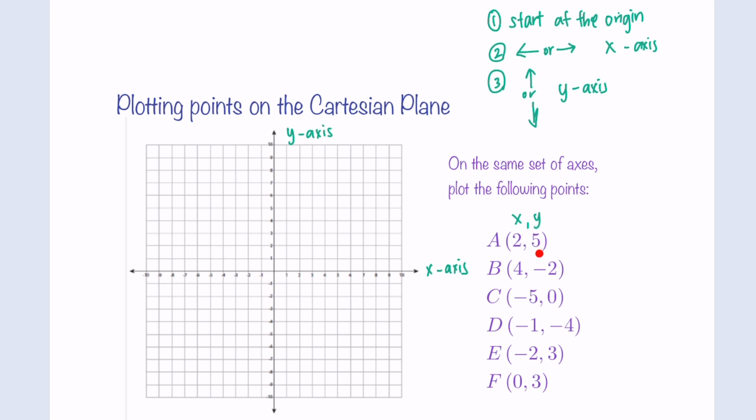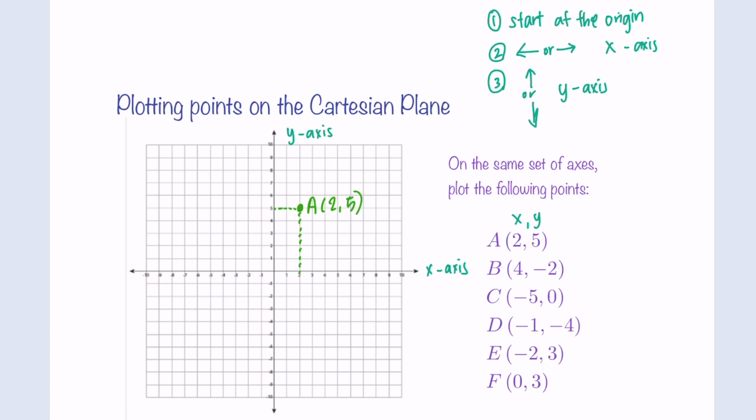So we need to move up 5 from the 2 on the x. So we're moving up 5. So we have to plot right here where the x is a 2 and the y is a 5. Right here, and this is point A, and it is 2 and 5.